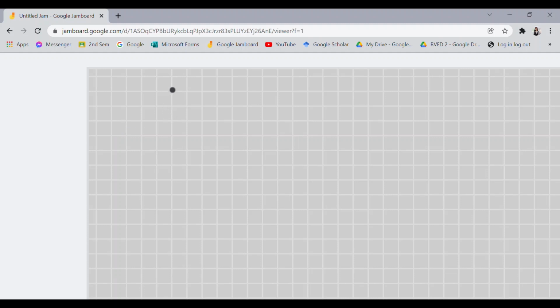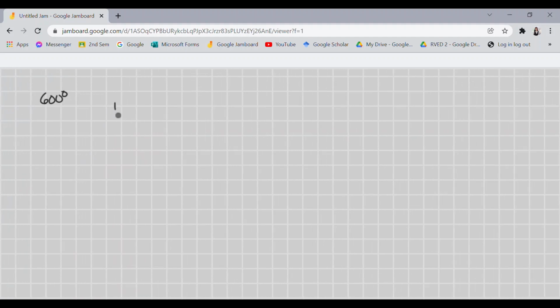So let's say we have 600 degrees. Okay, so drawing your angle, one complete rotation is 360. So 360, 450, 540, and then somewhere here. Okay, that is your 600 degrees.